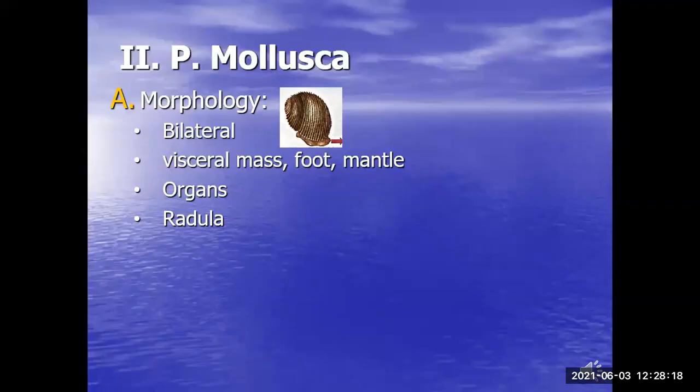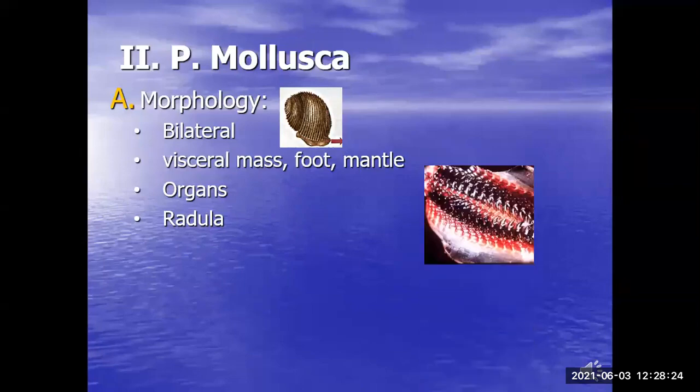These guys do have a coelom, and it is a true coelom. Again, they have system level organization. So two systems that are particularly important in the mollusca are the circulatory system and the excretory system. So they do have systems.